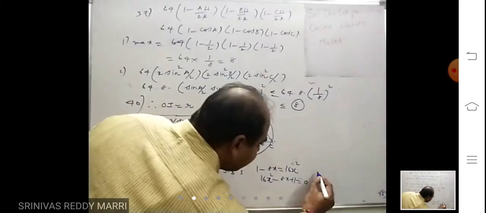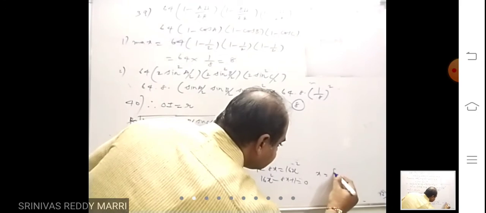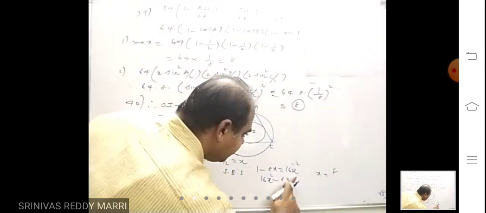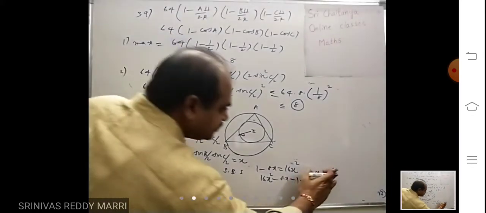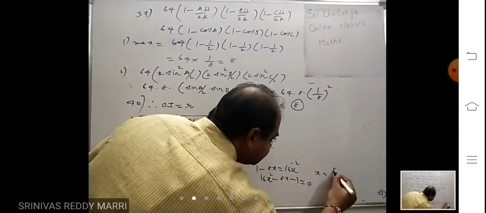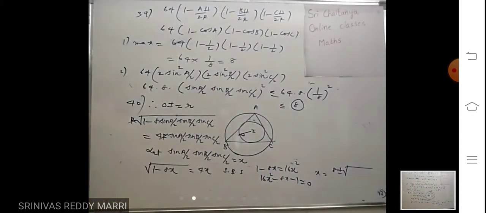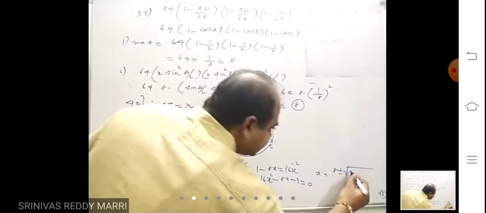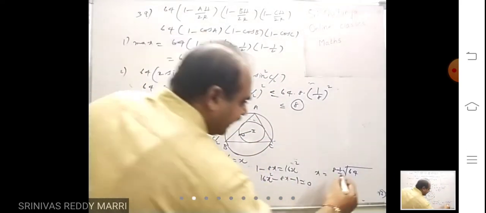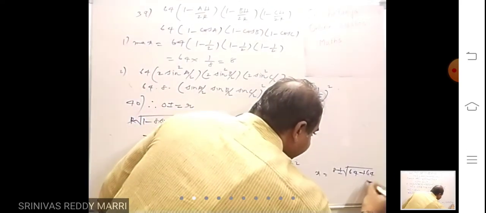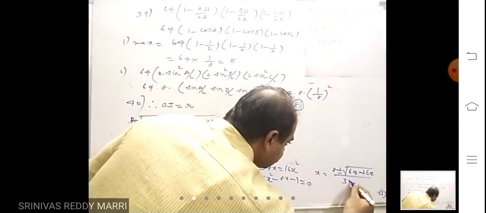Now if you solve for x: minus b plus or minus root of b square minus 4ac, that is 8 plus or minus root of 64 minus 4 into 16 into minus 1, divided by 2a, which means 32.